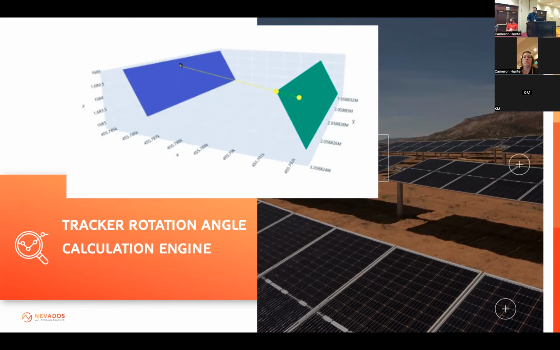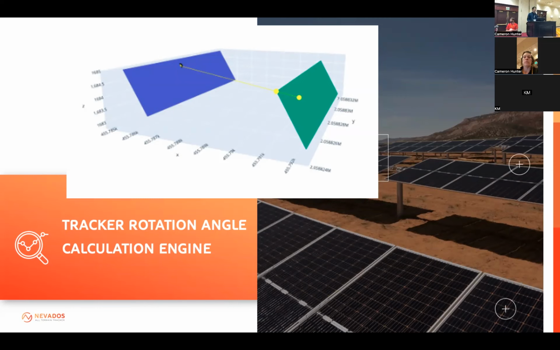Another thing, sorry, is that with our terrain-aware backtracking strategy, we're not claiming that it's the global maximum. If you think about the combinatorics, you have one tracker here that can be at one angle, this one can be at some other angle, or another angle, and you compare all of the different possible relationships of different tracker angles, it becomes quite a wide number of permutations in terms of all the angles your trackers can have at your site.